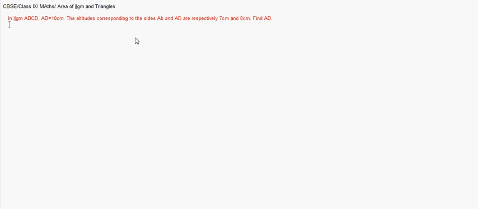Let us understand this problem with a figure. Kindly ignore that small letter, please. I'll draw a parallelogram ABCD.